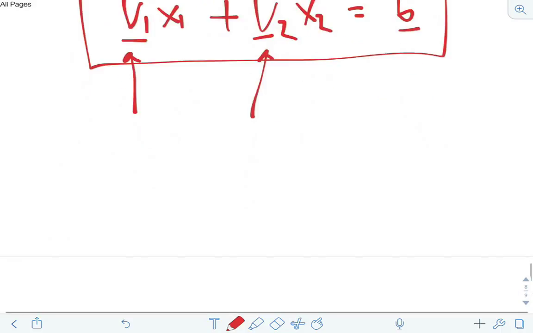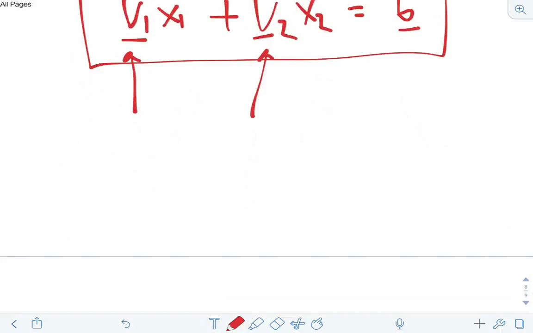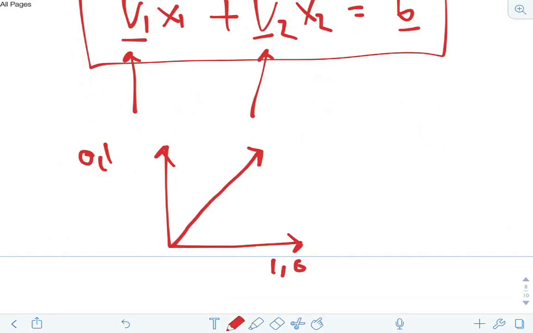Let's think of this in very simple terms. Let's say v1 was the vector 1, 0. And v2 was the vector 0, 1. And b were the vector 1, 1. So I have three vectors: 1, 0; 0, 1; and 1, 1.